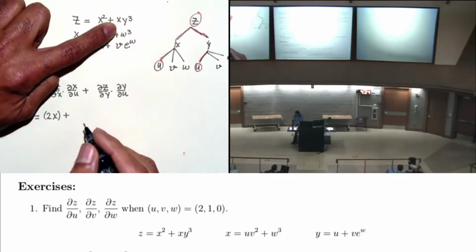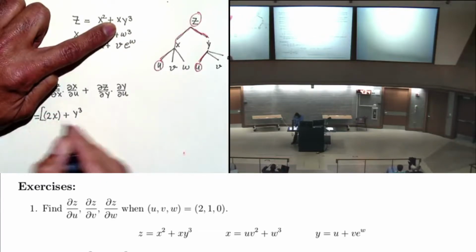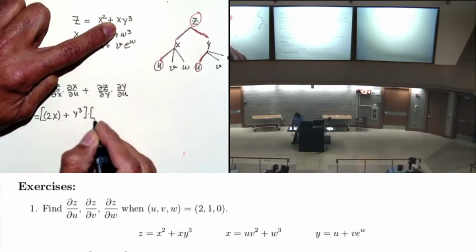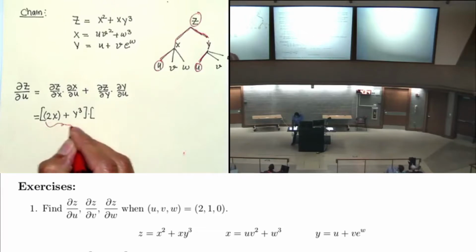The derivative of x is 1, so this is going to be y cubed, and that's one parenthesis here. So this is the partial derivative of z with respect to x.